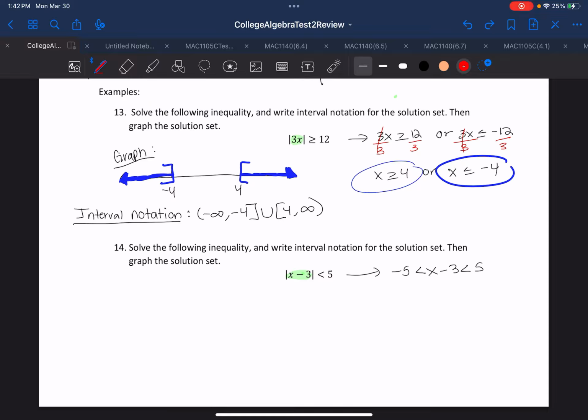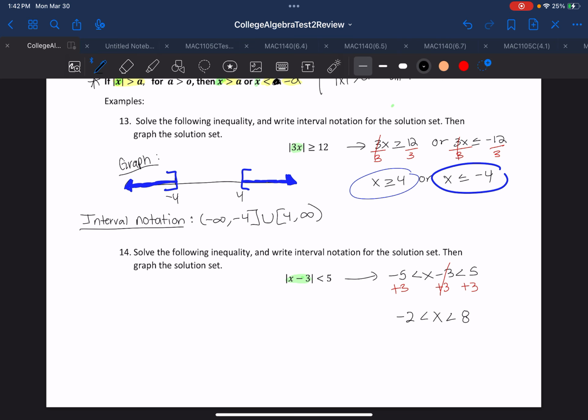And then I solve for x in the middle. So I add 3 to all 3 sides to cancel it in the middle. And that will leave me with x is less than 8 and greater than -2. So for the graph on a number line, I would have these two numbers, -2 and 8.